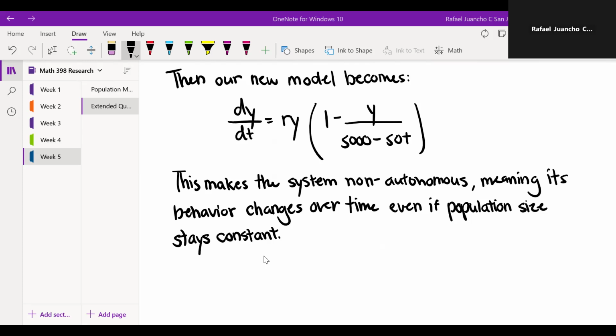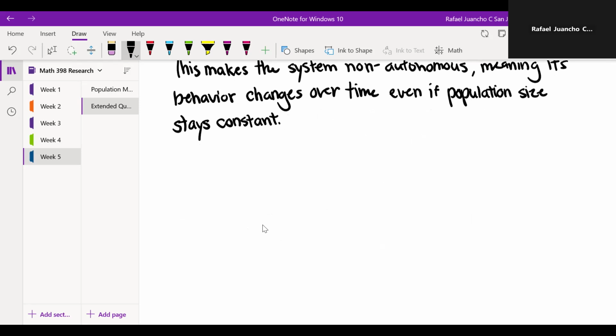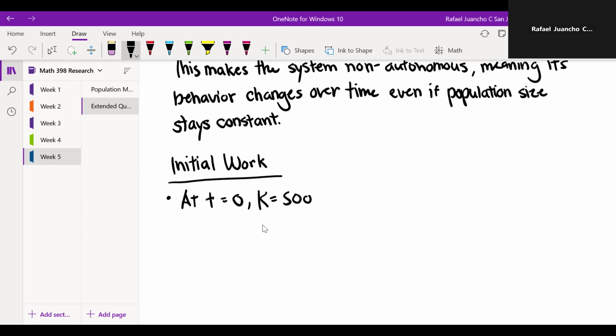And so here's the initial work. We observe that at t equals 0, my carrying capacity is 5,000, right?